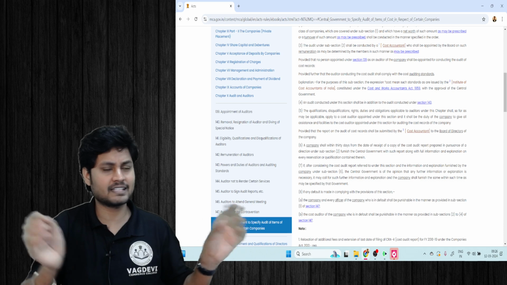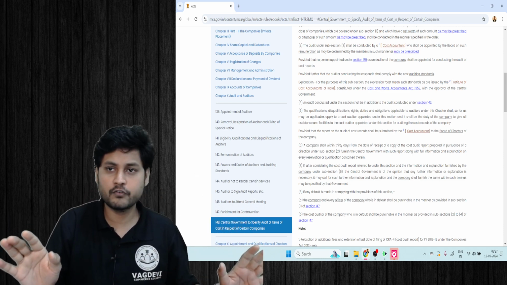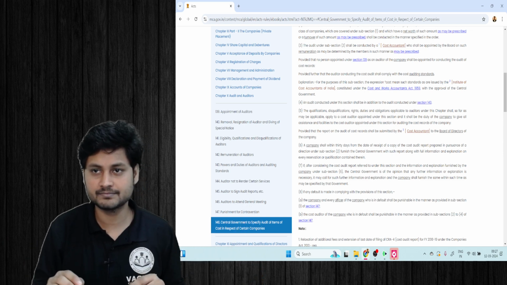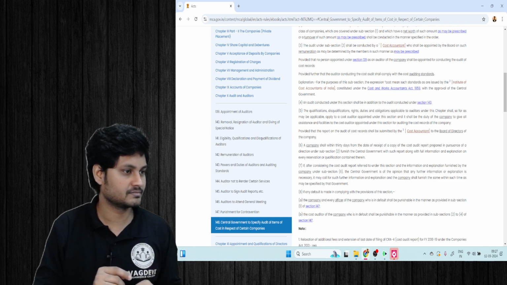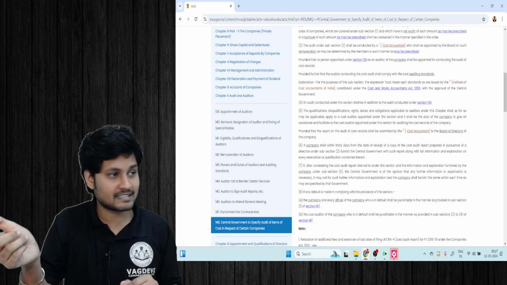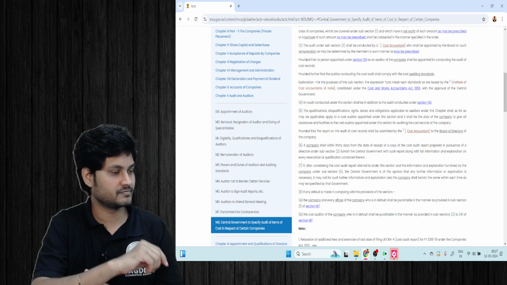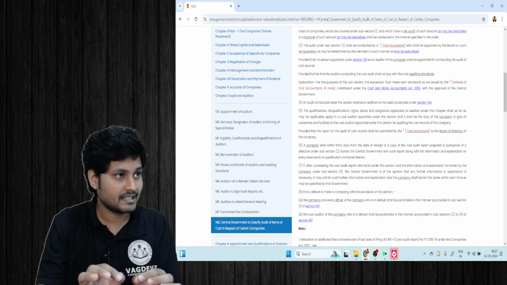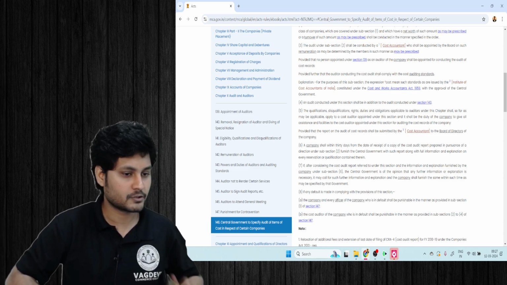There are no regulated or unregulated sectors for normal CA audit. For CMA audit, the cost audit, it is only applicable for few sectors. So the cost audit is applicable in addition to the CA audit, which is done under section number 143. So this is point number 4.